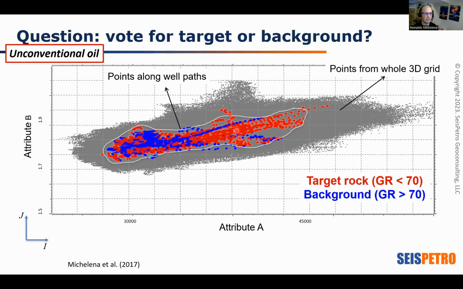And here we're coloring each individual by whatever they answered. So some of them, let's say in this region towards the center or northeast, they tend to have voted for target rock, whereas in this region towards the west, there is more of a mix in the votes between target rock and background, more overlap in the properties of the two classes.